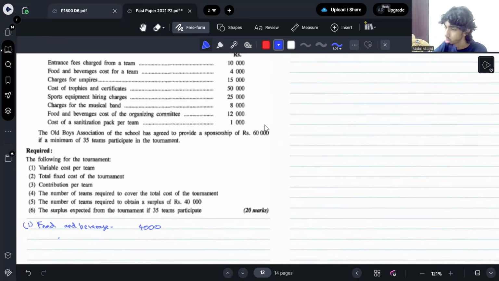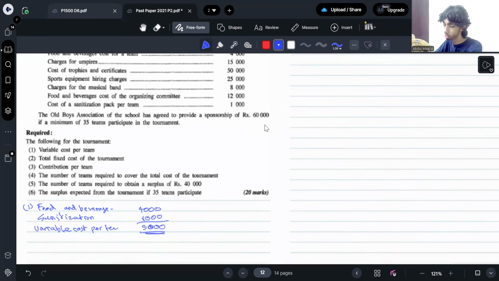And cost of sanitization pack per team. So whatever the cost per team, those are variable costs. Sanitization 1,000. So variable cost per team is 5,000. Okay.